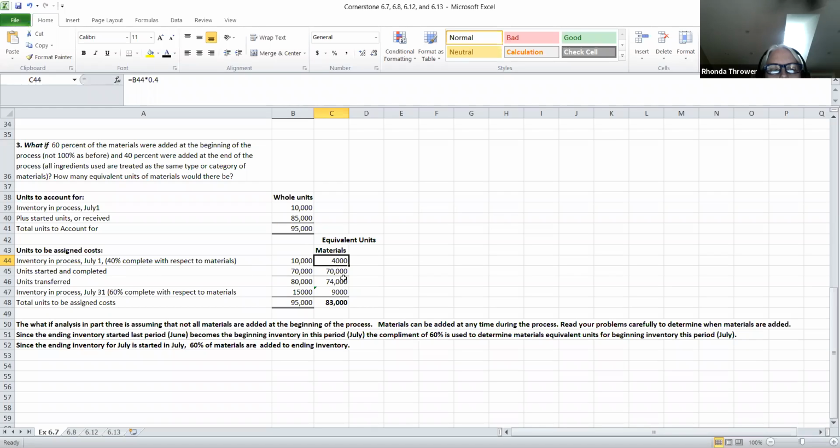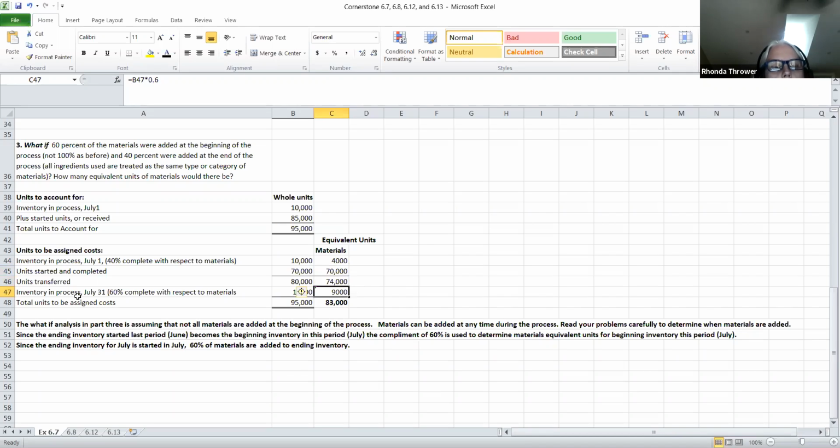The units started and completed is still going to be 70,000 units. So all the materials have to be added during this period of time. They were started and actually finished. So we have 100% of those materials in there. The units transferred then would be 74,000.